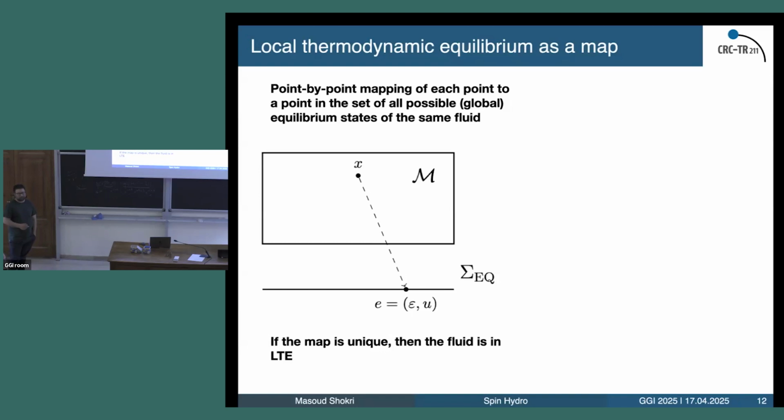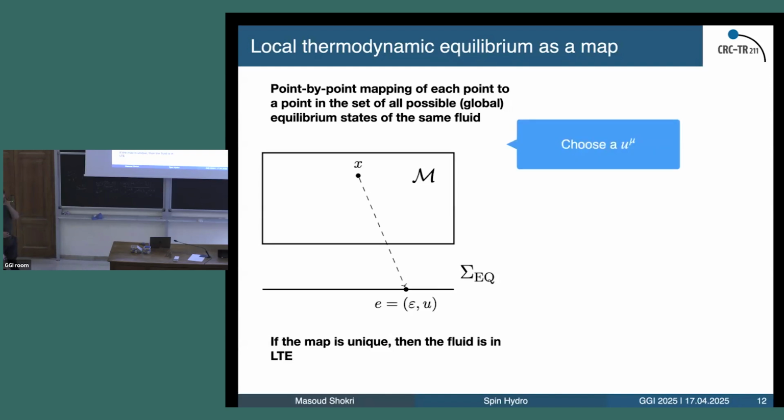But I really don't like this picture, and I like this Israel-Stewart concept of local thermodynamic equilibrium as a map which maps each point in the space-time with a point in the set of all possible equilibrium states of the same fluid.